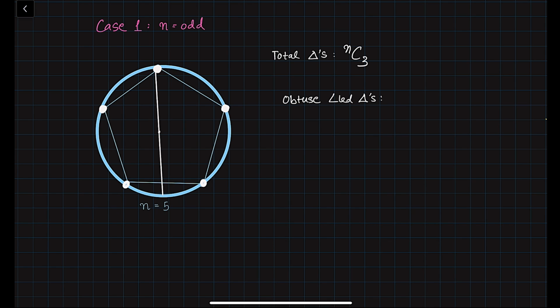Now let us see the number of obtuse angle triangles we can form. As we know, the interior angle of an n-sided regular polygon can be found by the formula (n minus 2) pi by n, which is also equal to (1 minus 2 by n) pi.